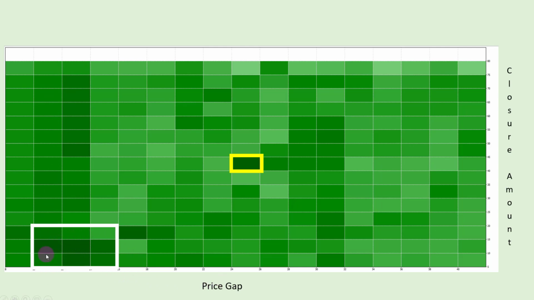And what it's telling me is that gap sizing from 10 to 14, so it's 10, 12, 14, gap sizing is good. And then the closure amount, it's saying don't go for these huge closure amounts. Go for the small amounts, so it's 5, 10, 15 is a better closure amount to go for.